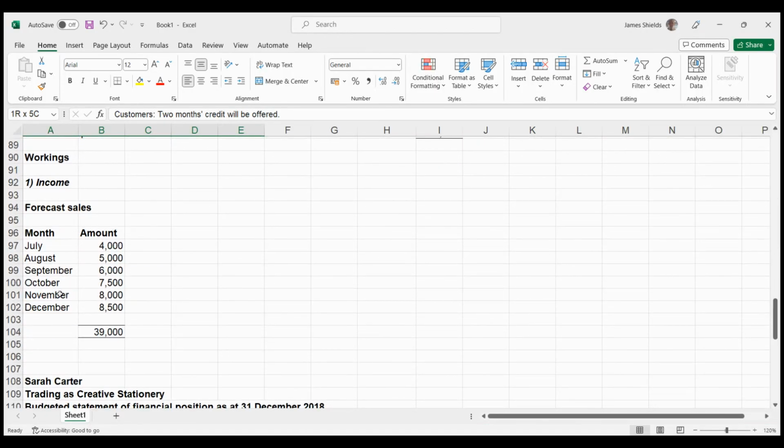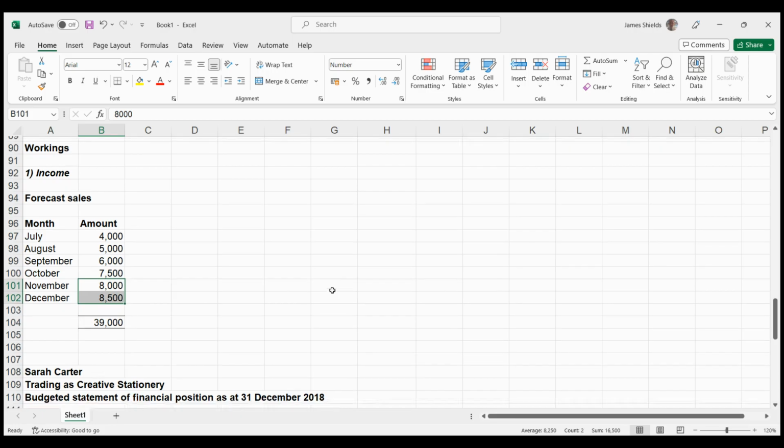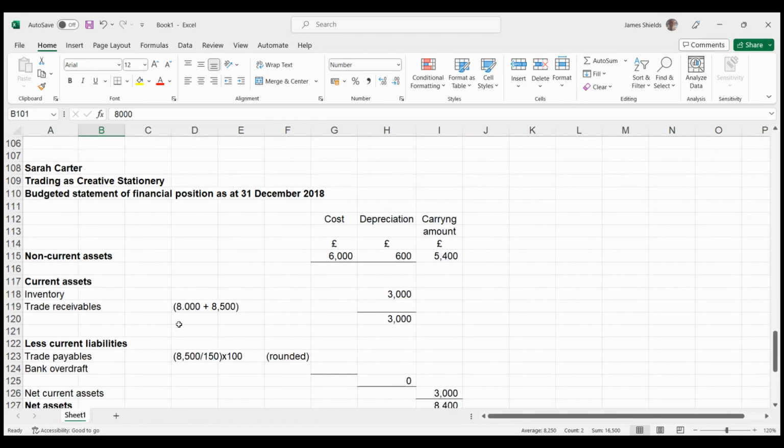Basically the last 2 months here, November and December, will be paid after December. The November will be paid in January and December will be paid in February. So those 2 months are going to be our trade receivables. We've not received them at the end of December. So I put little brackets there. So it's the 8,000 plus 8,500. That comes to £16,500. So our total current assets are £3,000 inventory, £16,500 trade receivables, giving a total of £19,500.